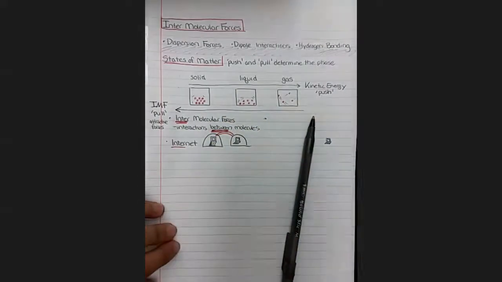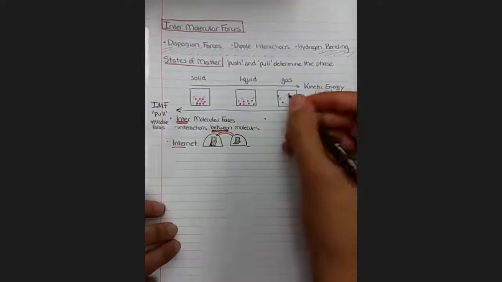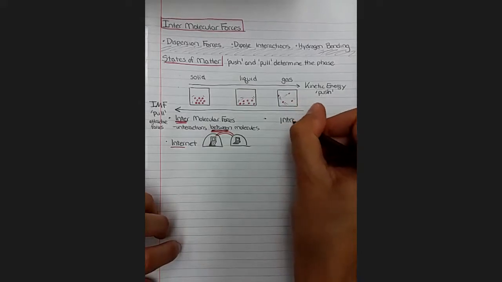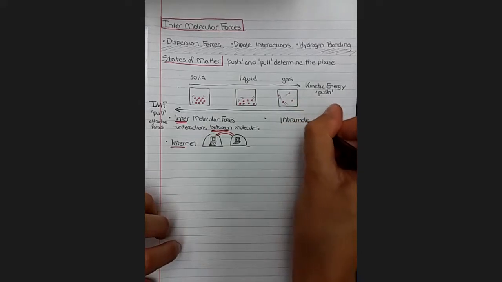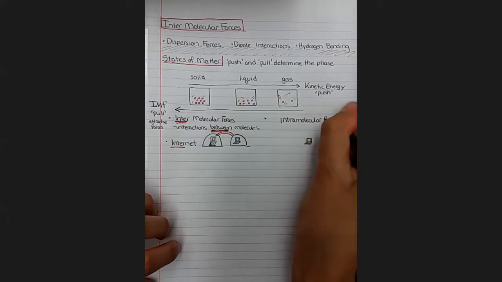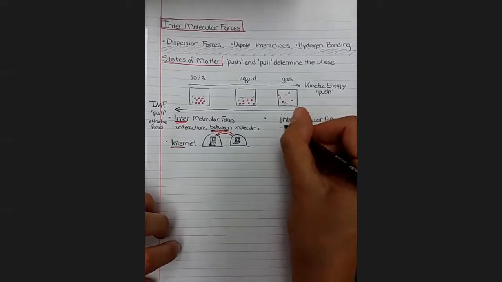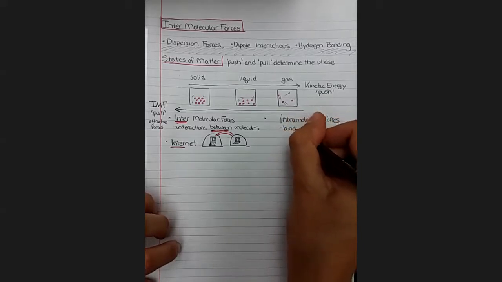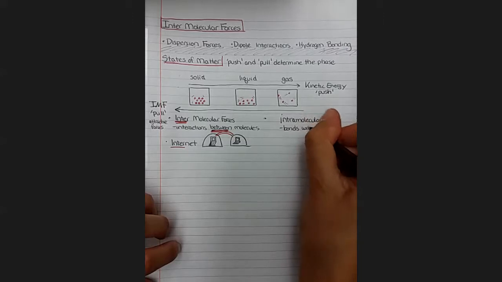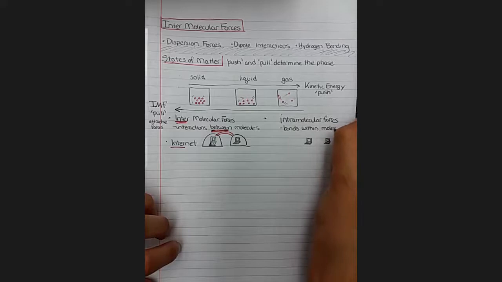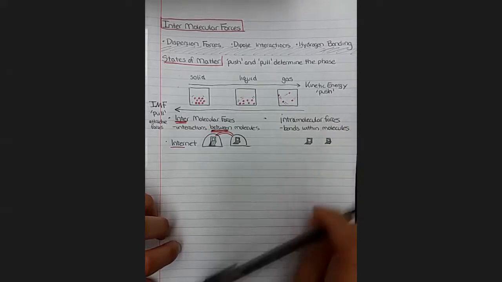The opposite of intermolecular forces would be intramolecular forces. We'll give that a lowercase I, we care less about those. Intramolecular forces are actual bonds. They're interactions within molecules, between atoms of the same molecule.